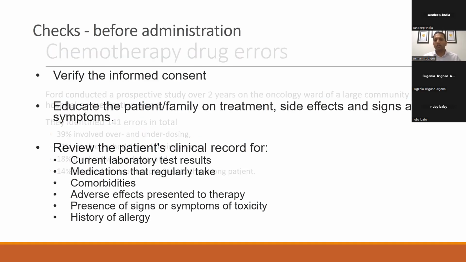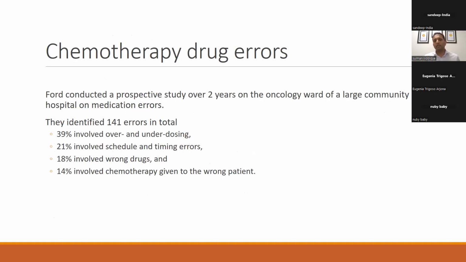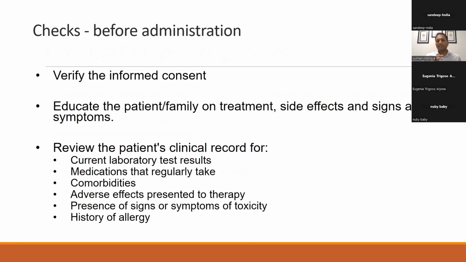So how can we reduce or prevent these errors? I think if we implement some checks when preparing and administering chemotherapy, it's very likely, and again, this comes from the research, that chemotherapy drug errors can be reduced.